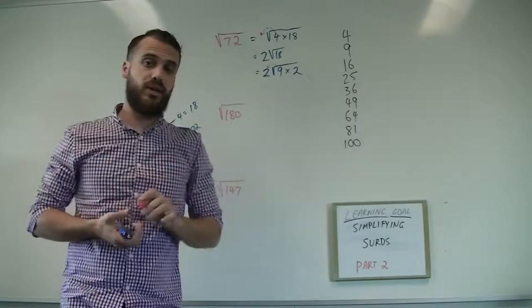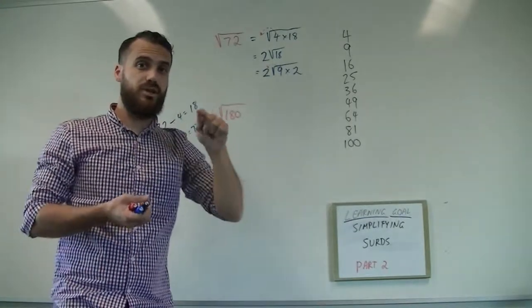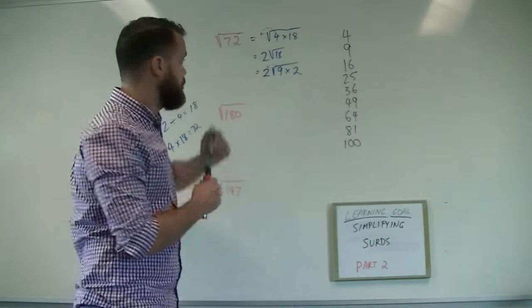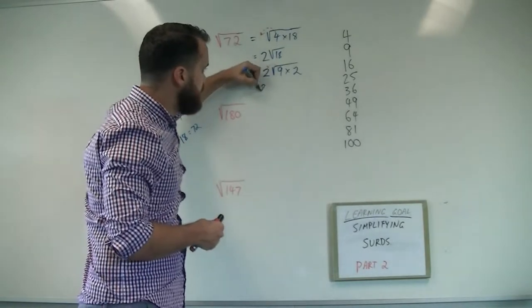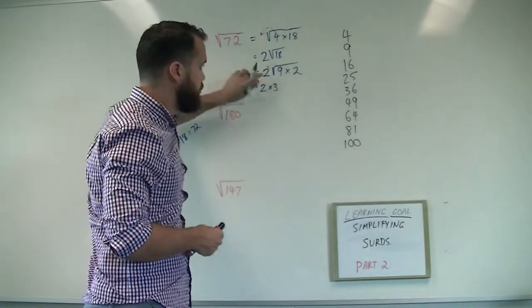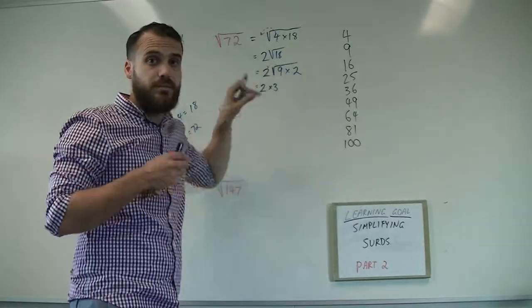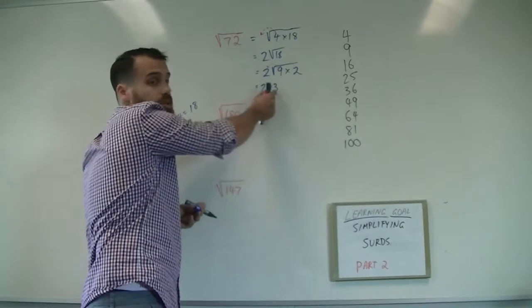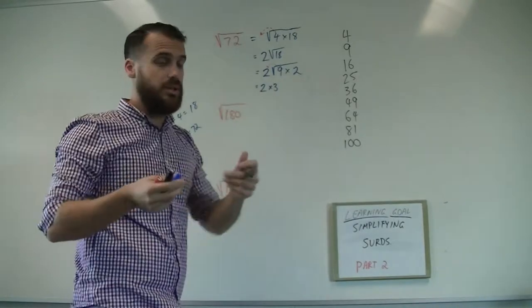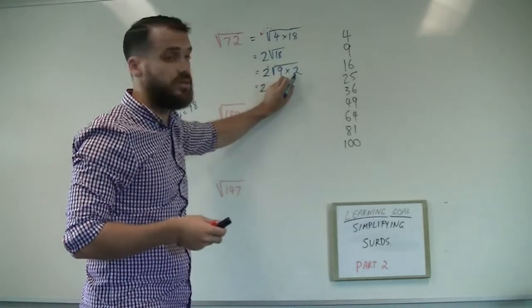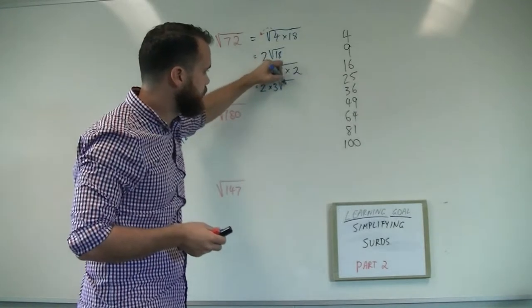When I move it outside, it becomes a 3. So it's going to be 2 times 3. The 2 is already there, and when the 3 comes to the party, you've got to multiply them together. What's left over is whatever's left in the square root, 2.